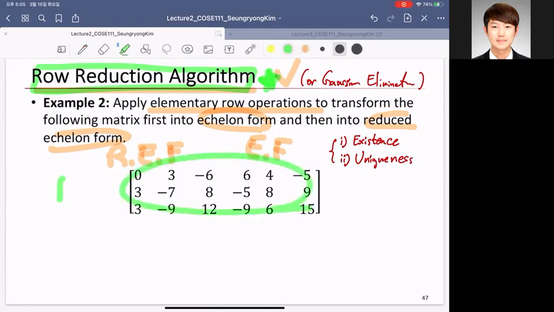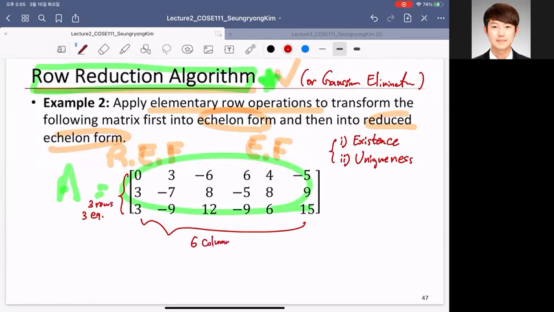Here is our matrix A. There were three rows, so there exist three equations, and we have 6 columns. Okay, 3 rows and 6 columns, so we can say that we have 5 variables, if we define this matrix A as an augmented matrix.